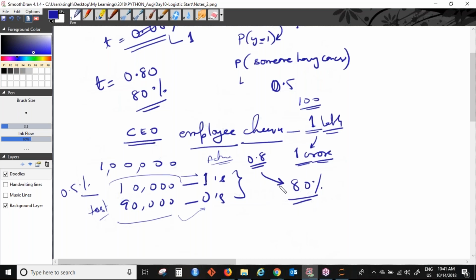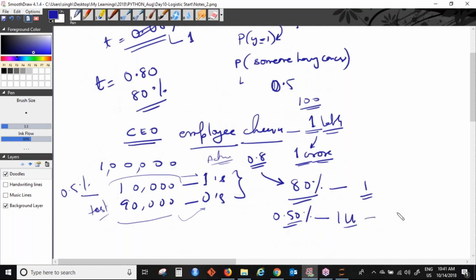only if the model is predicting with 80% probability that an employee will quit, only then we classify as one, not otherwise. If the model says with 50% probability that an employee is planning to quit, we will not give him 1 lakh rupees, because every employee has a 50% chance of quitting for better opportunities.